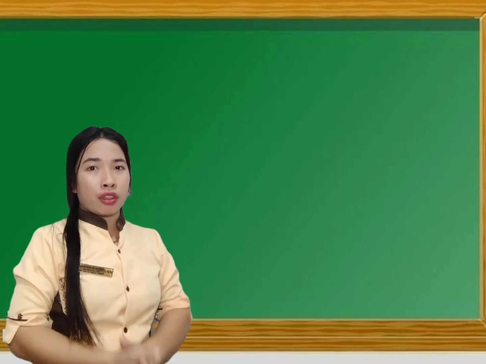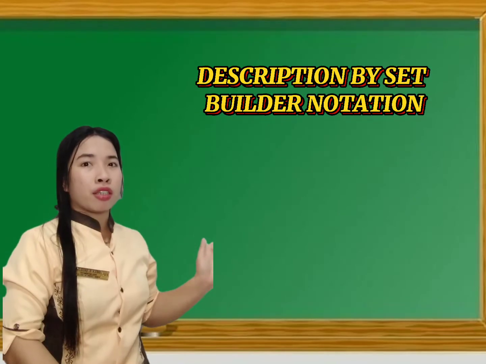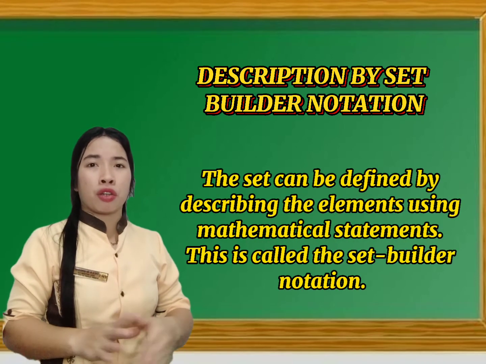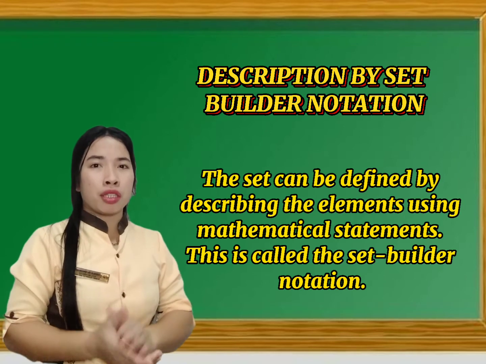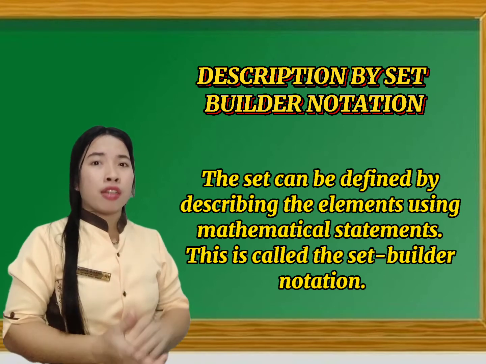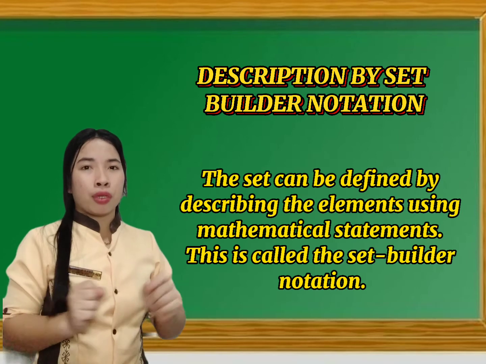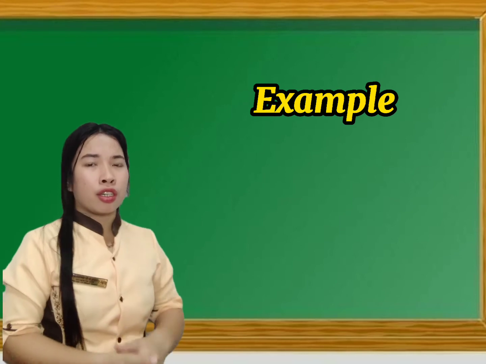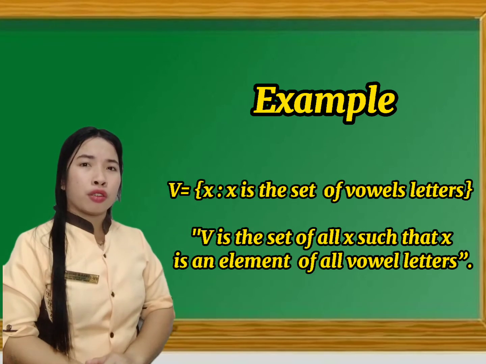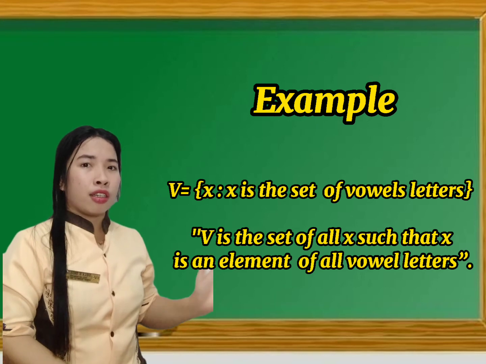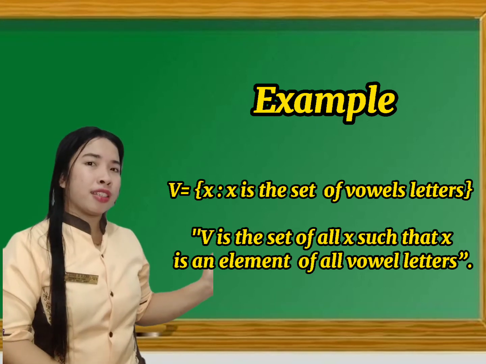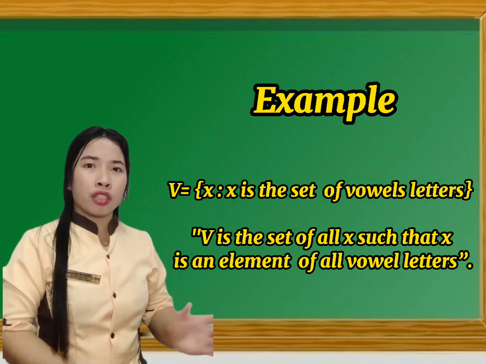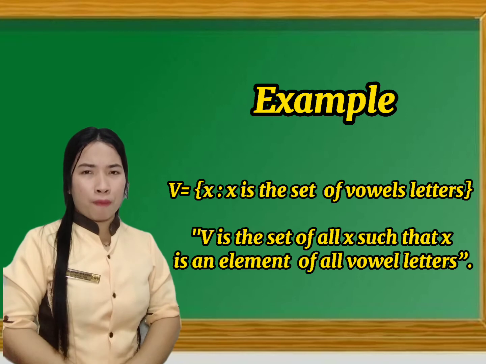The last method is description by set builder notation. The set can be defined by describing the elements using mathematical statements. This is called the set builder notation. So, for example, this one. We need to read this. V is the set of all X such that X is an element of vowel letters.